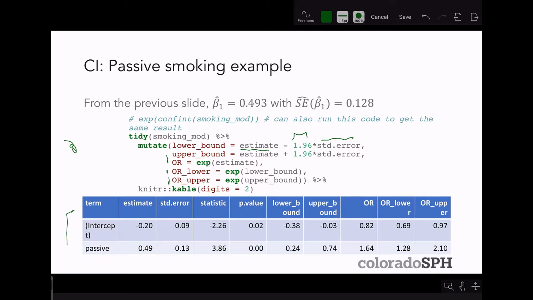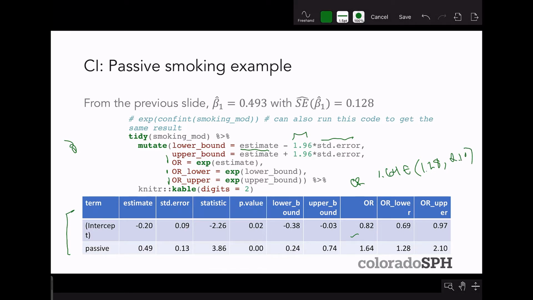And if you look here, those terms are printed, you have the odds ratio and then the lower bound. So the odds ratio for passive smoking would be 1.64 with the bounds 1.28 to 2.1.